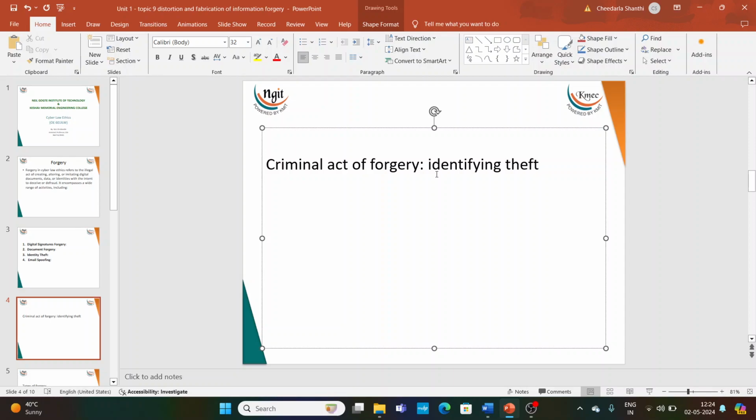Whatever entity you take, you sign with the intention of providing false authorization for economic gain, and this is one of the foremost methodologies undertaken in the criminal act of forgery.